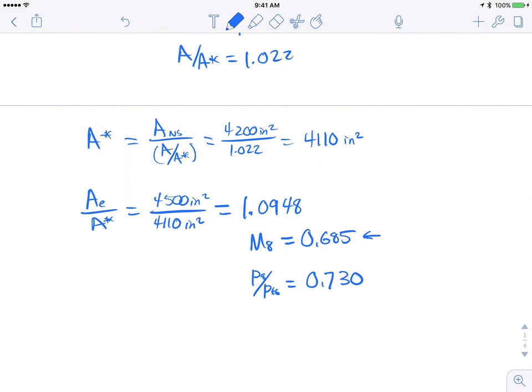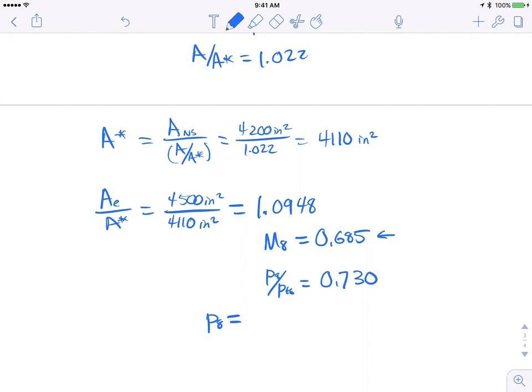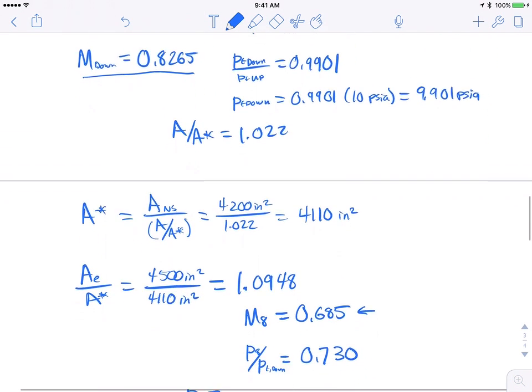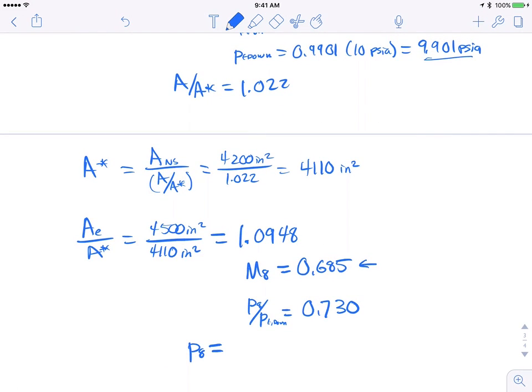And so we can finally say, if we're going to calculate our exit pressure, P8 is going to be equal to this 0.73 times our, really this PT6, we'll rewrite that as PT downstream of the shock, which we figured to be 9.901 psia.